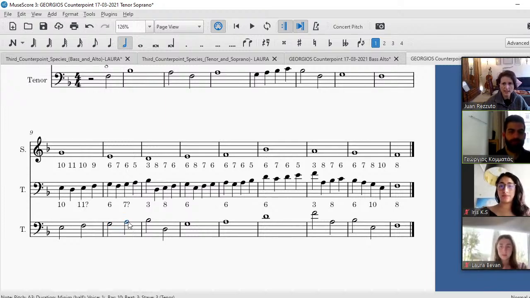F, A, and B. This is a perfect second species reduced. And yes, because the E. Maybe F is what I would put on the third bar. B, here. F. So then go to G.